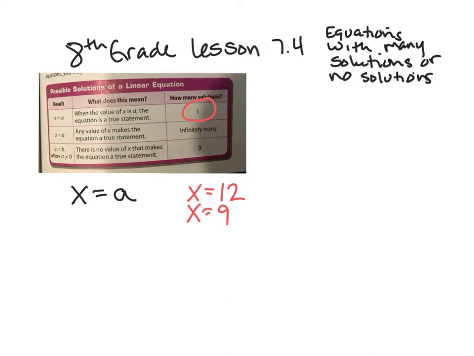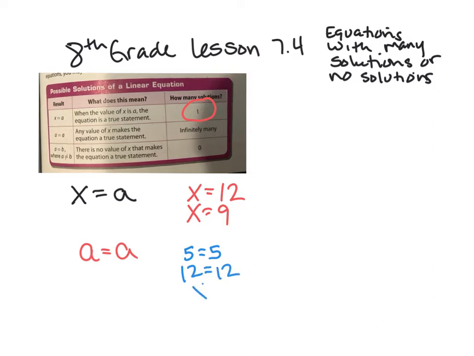So one solution. Sometimes you might come down to, as you calculate through, you end up with something. They say a equals a. What they mean by that is you'll get to the end, you will have manipulated everything around, and you end up with 5 equals 5, or 12 equals 12. And there's no variable or anything.